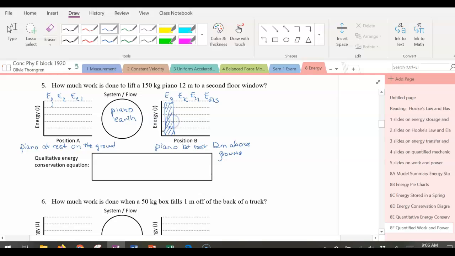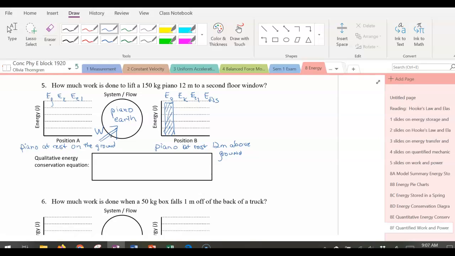Where did that energy come from? It came because the movers, or whoever is moving this piano, lifted it up. They had to apply a force that made the piano move upward. And so they did work on the piano, because someone outside the piano-earth system applied a force that caused the piano to move.